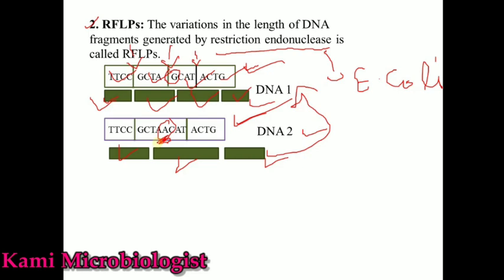It doesn't mean that the fragments of the DNA which we obtain after restriction enzyme will be similar to the DNA of another person. It must be different from another person. This is called RFLPs, restriction fragment length polymorphisms.